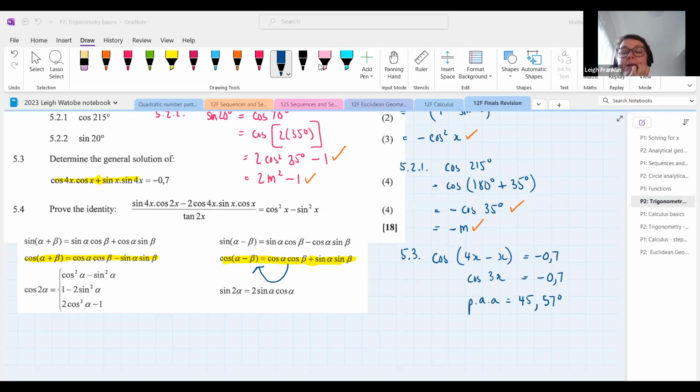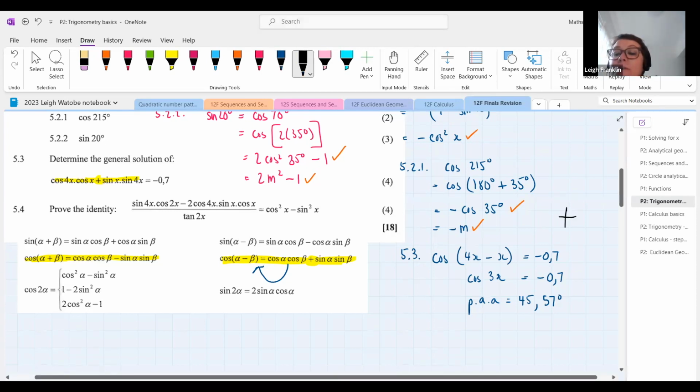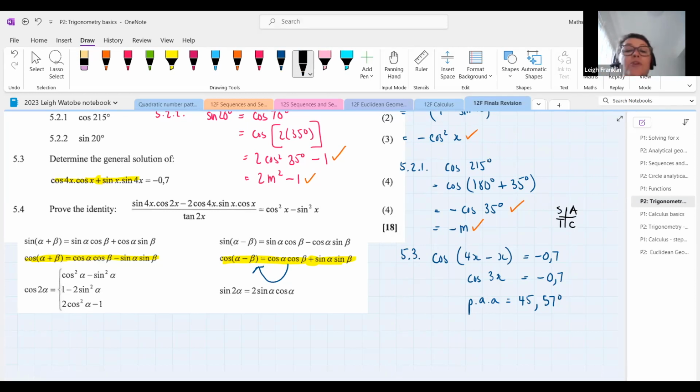Now we use the sign, the negative. Remember, again, we are referring to our CAST diagram. Our ratio is negative. So in which two quadrants is cos x negative? Quadrant 2 and quadrant 3. So that's where we have to do our solutions.